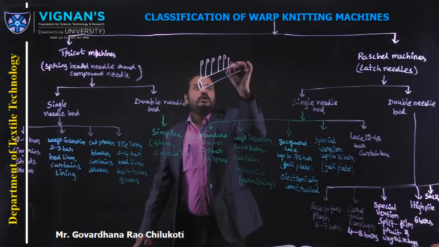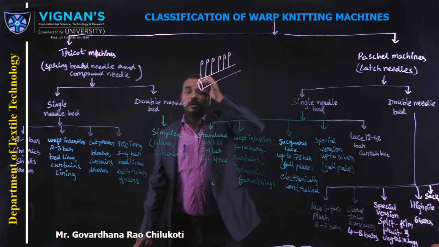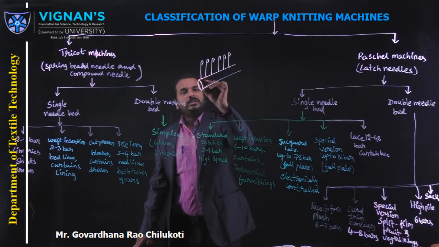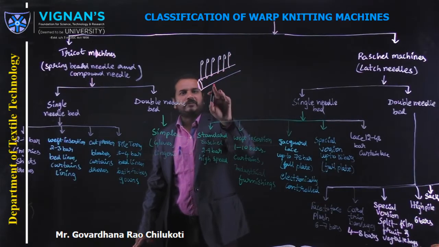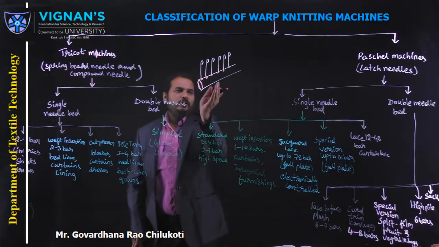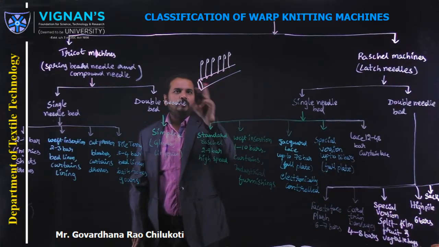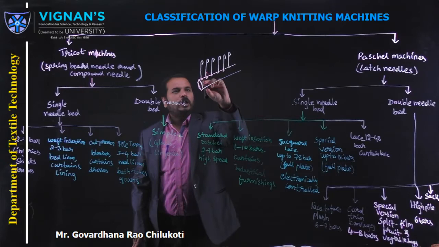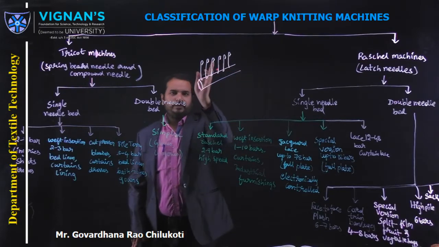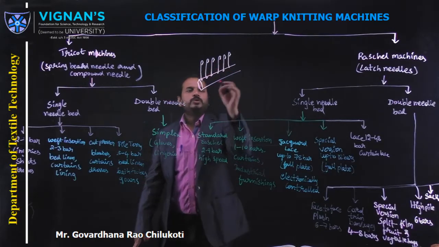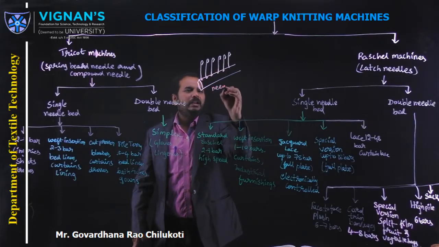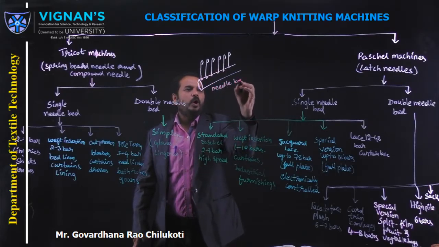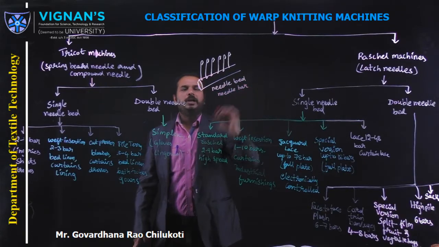In the bar, these needles are fixed. If you want to raise one needle, it is not possible. The complete bar will be raised up and lowered down. So this is called the needle bed or needle bar.